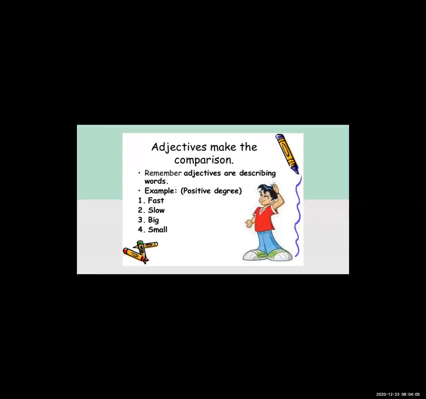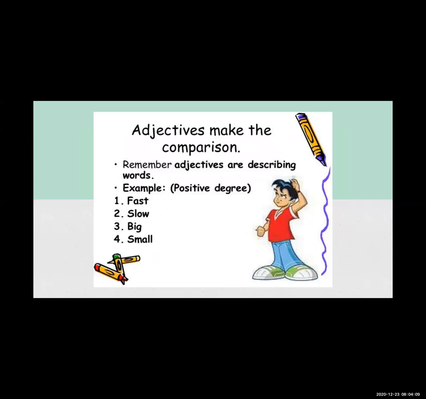Now adjectives make this comparison happen. See here, remember, adjectives are describing words, which means they describe the meaning. For example, in positive degrees, which are they? Fast, slow, big, small.